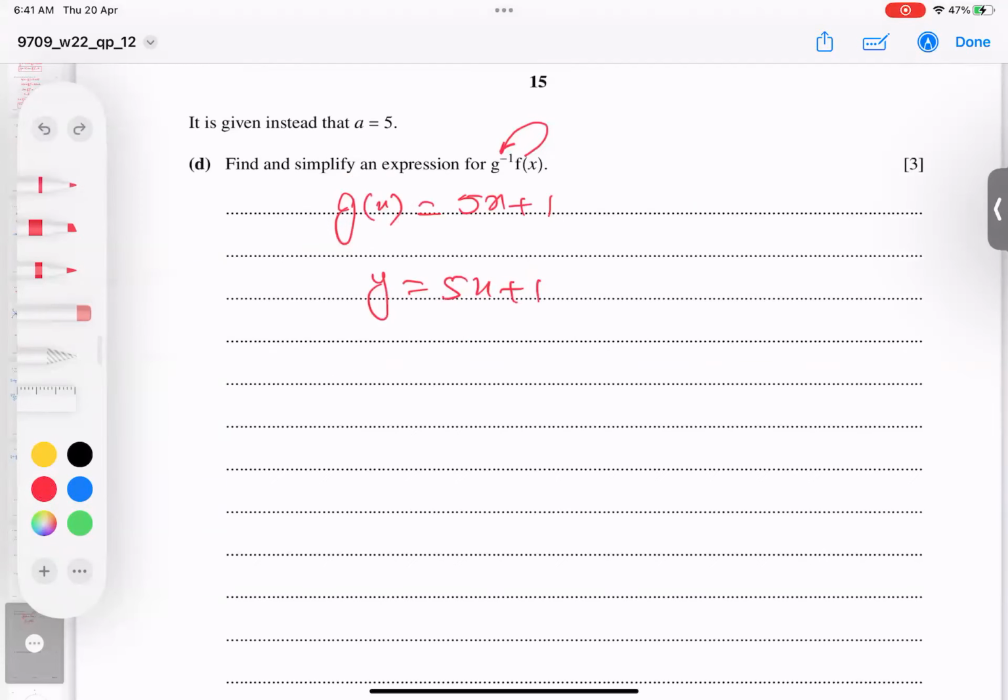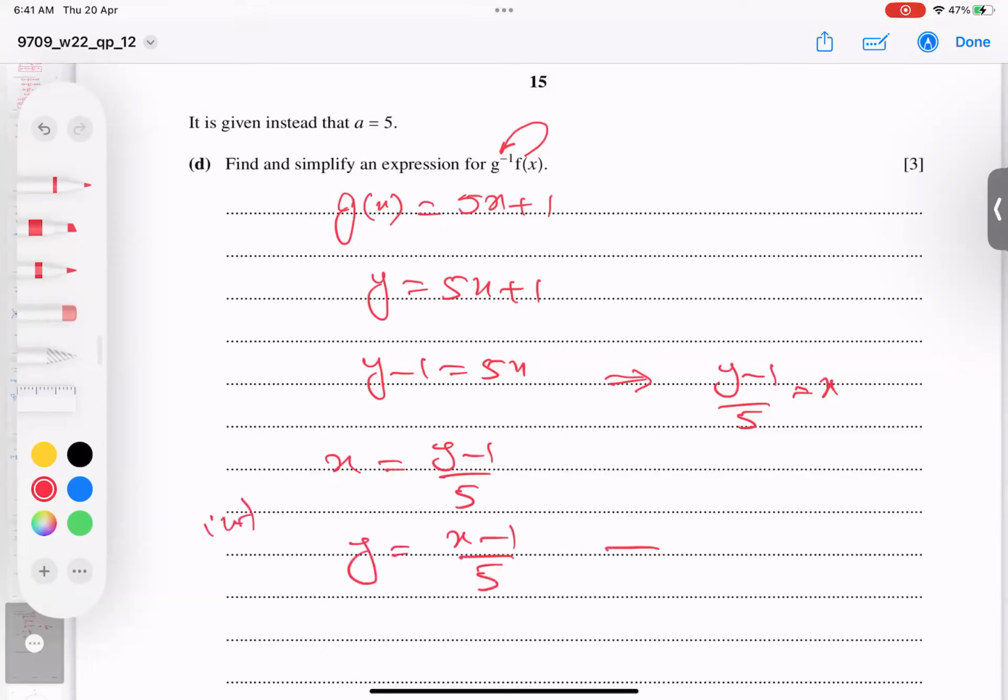So 1 subtract, it means 1 goes there. 5 divides, it means (y minus 1) over 5 equals x. And in side changing, you know, the y value never changes. Interchange, x becomes y and y becomes x. And this is called g inverse of x. So g inverse, I got it. So half the job is done.